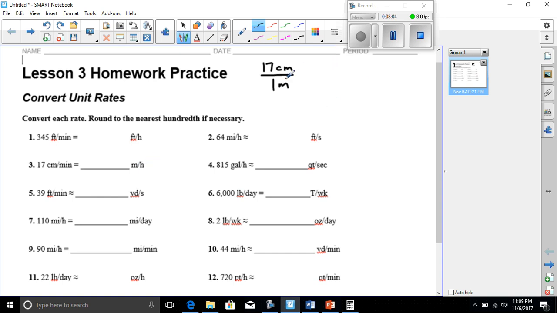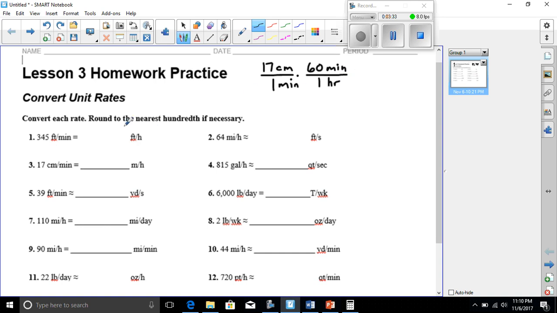So first of all, I've got to change out centimeters for meters, and I also have to change out my minutes for my hours. The minutes to hours is pretty easy. That would be 60 minutes, and I want to have my minutes up top because I have my minutes down here, and I want to be able to cross them out. 60 minutes in 1 hour.